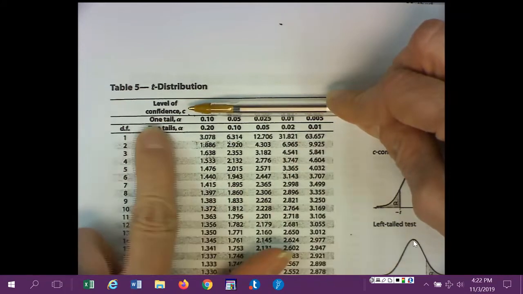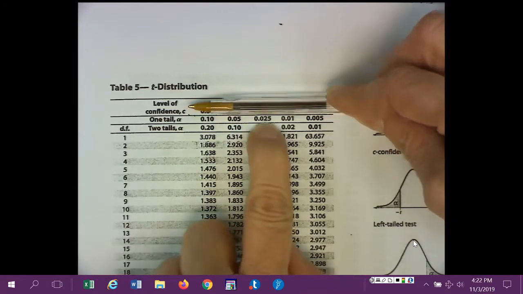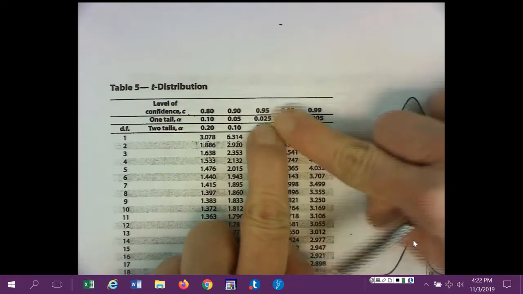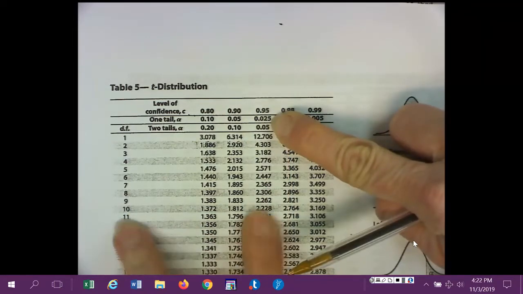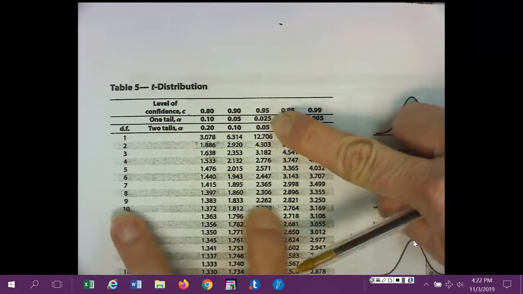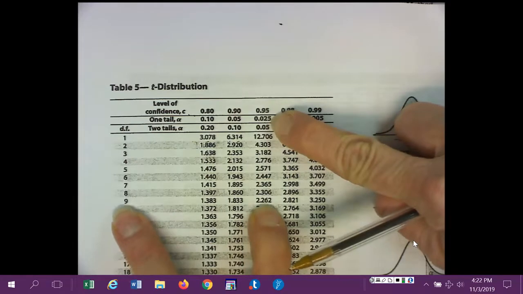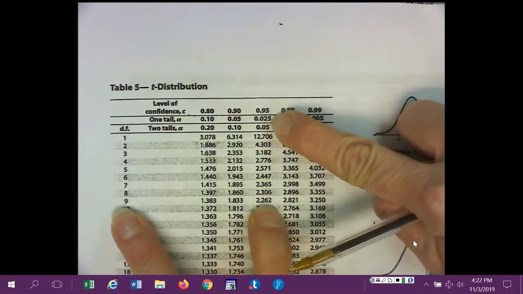We are conducting a left-tailed t-test for the true mean. So we're going to look up our alpha here, and it falls at 0.025. And then we go to row 9, and we have 2.262. If you notice, all the values in the t-table are positive, but there are plus and minus t values.